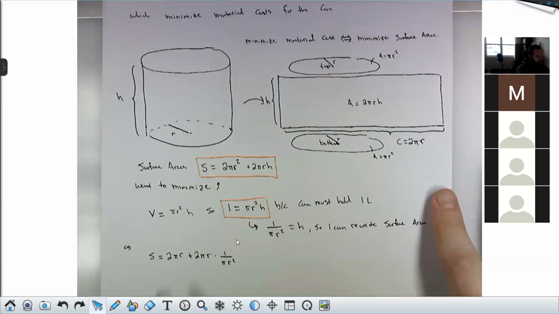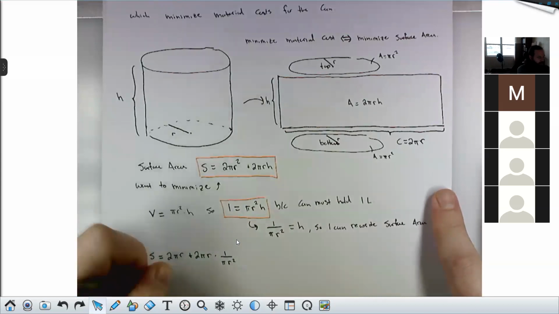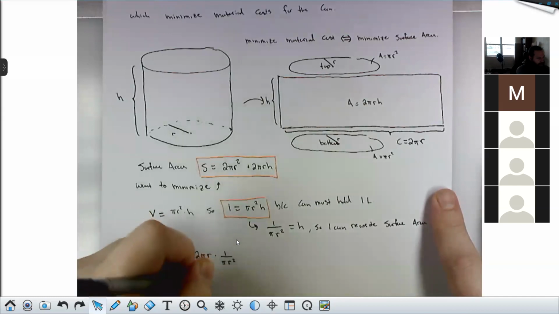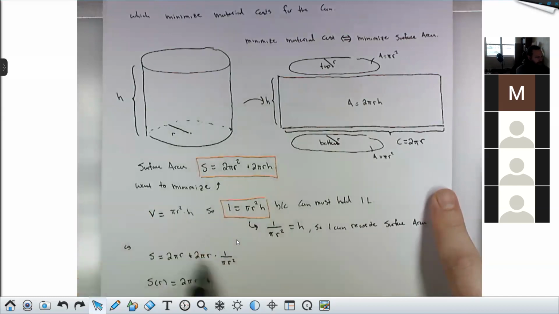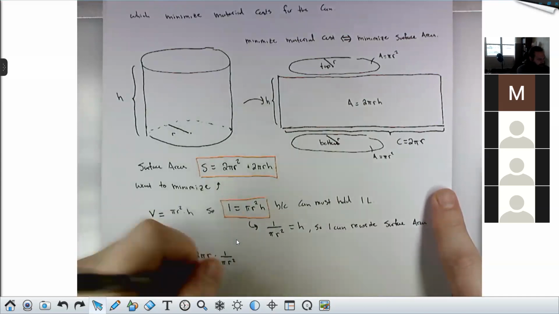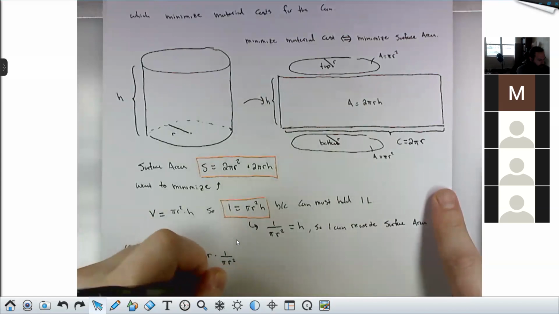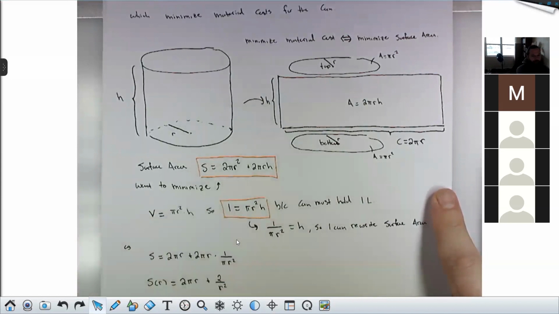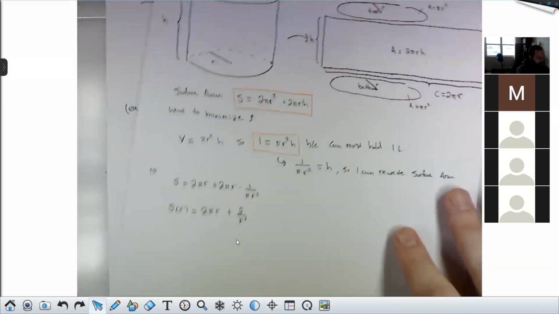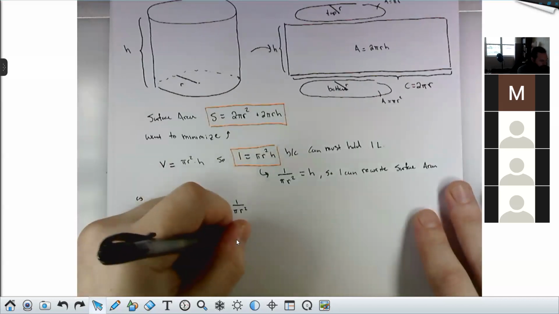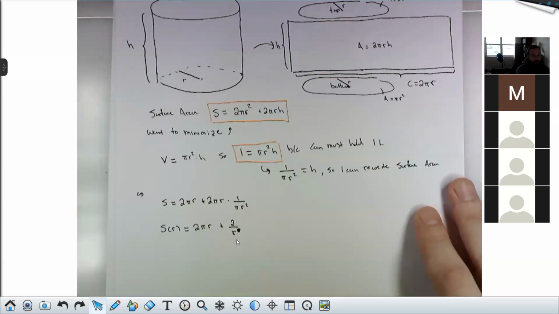This is now a function of one variable, r, so I might rewrite it in function notation. S of r is 2 pi r squared plus, and now this I can clean up a little bit. The pi's will cancel. One of these r's will cancel, and I'll just be left with 2 over r. Sorry, 2 over r. One of the r's cancels.